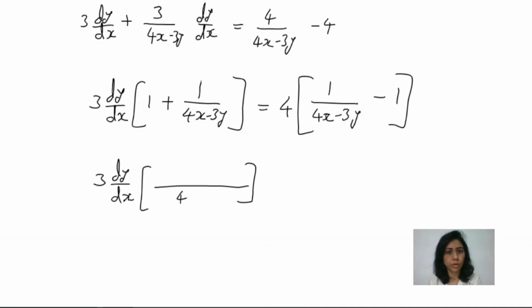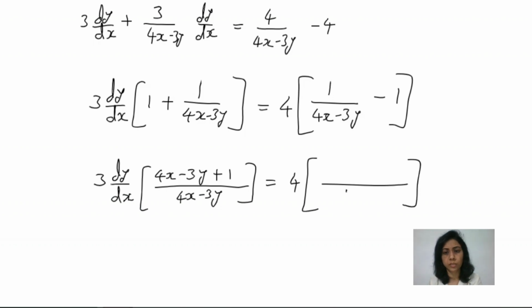So this is 4x minus 3y plus 1 multiplied. Now when we simplify this bracket, this is 4x minus 3y, this 1, and minus 1 multiplied by this, so minus 4x, and minus 1 multiplied by minus 3y will be positive 3y.